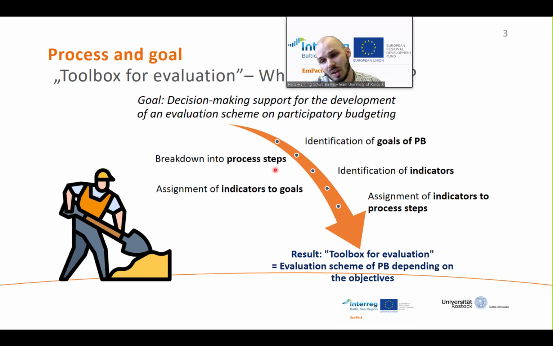So what we did is we assigned indicators that we identified from these workshops and from literature to different goals of PB, and then assigned them in a next step to the PB processes. Means that we have a scheme that is adaptable to goals and to process steps and process phases.